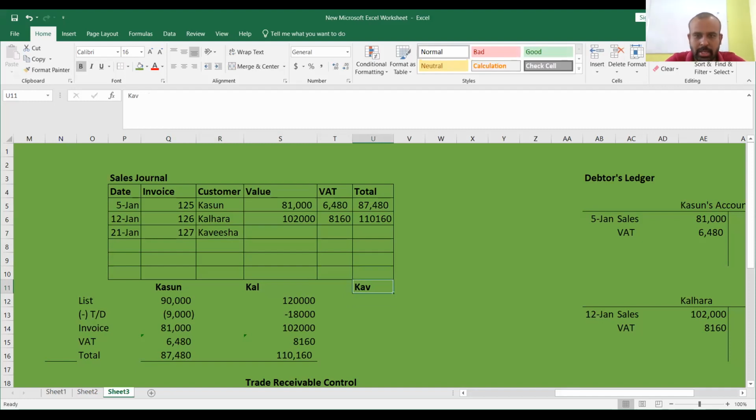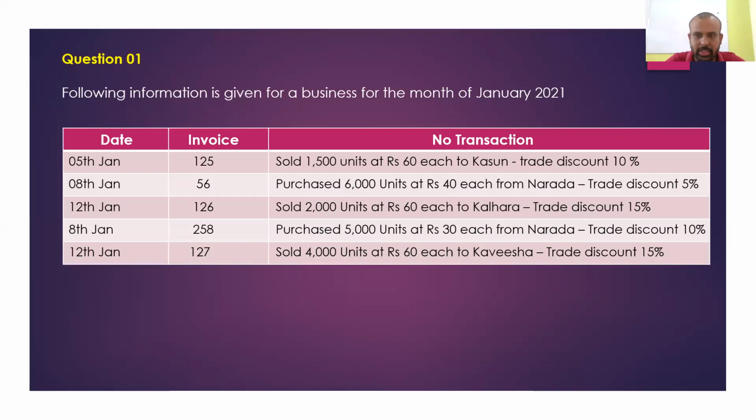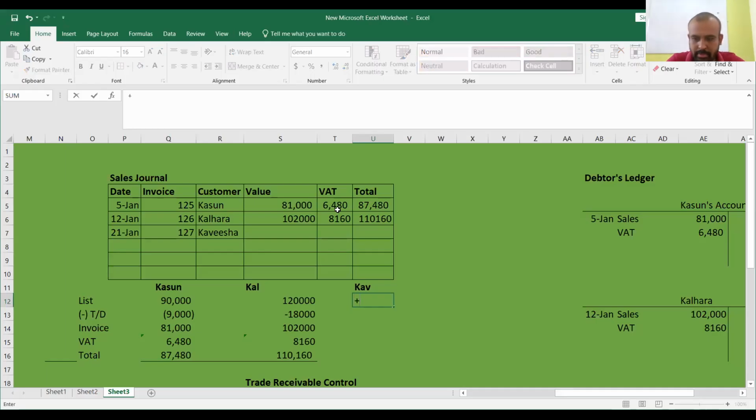You sold 4,000 units into 60 each, right? And we gave him a discount of how much? 15%, right? Then how much will be the invoice price? Invoice price will be list price minus trade discounts.